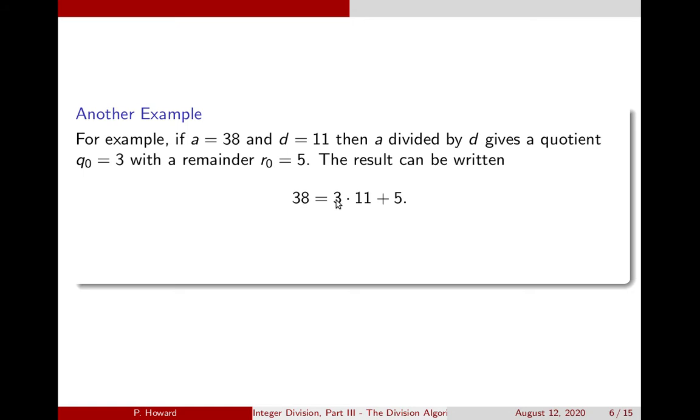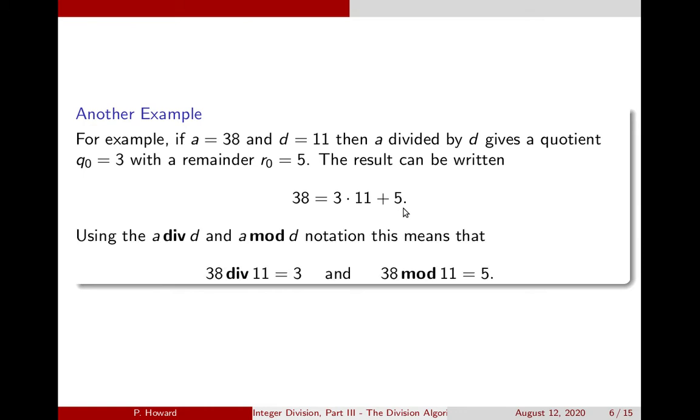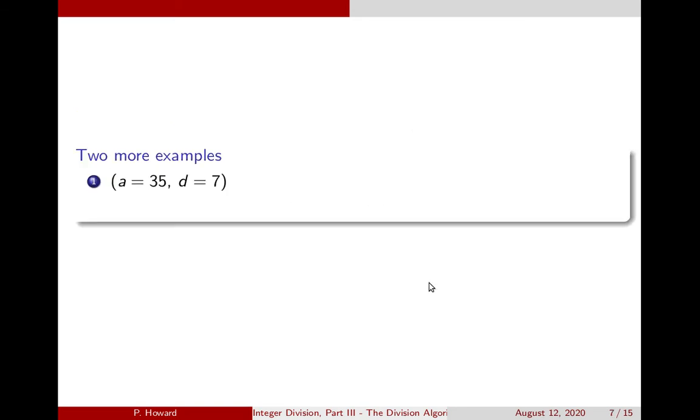So 38 is 3 11s plus 5. 3 times 11 plus 5. And using the div and mod notation, the 3 is 38 div 11, and the 5, the remainder when you divide 38 by 11, is 38 mod 11.